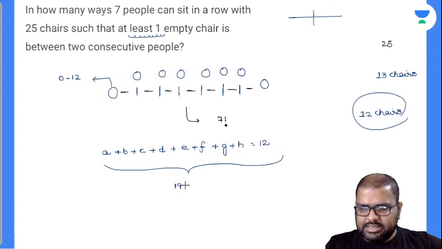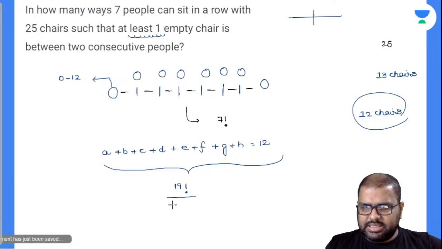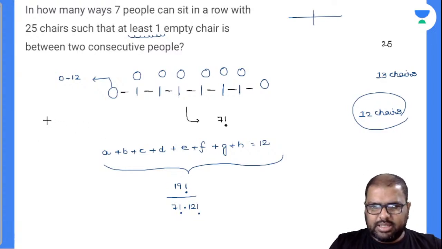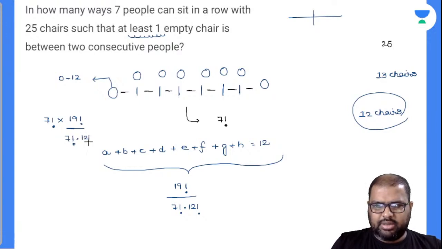These 19 blocks can be arranged in 19 factorial ways. In those, the duplicates are 7 partitions and 12 chairs. So finally, what will be your answer? 7 factorial into 19 factorial by 7 factorial into 12 factorial. That will be your answer.